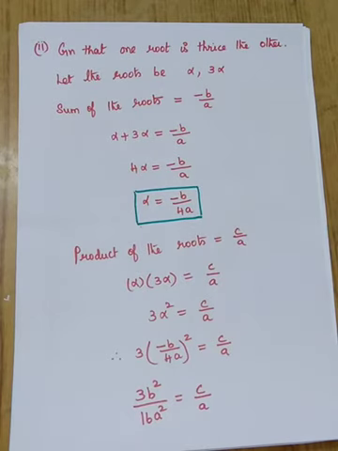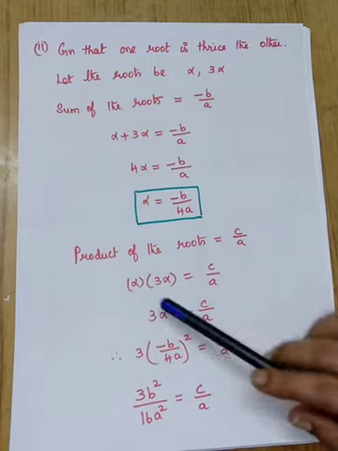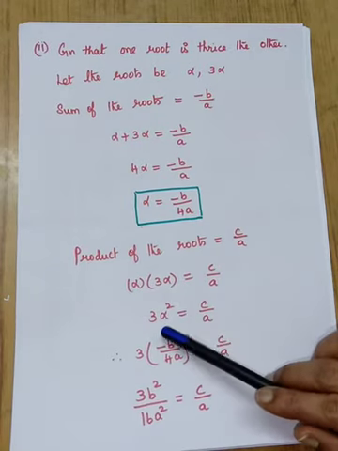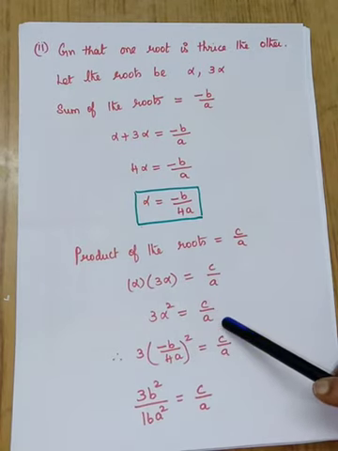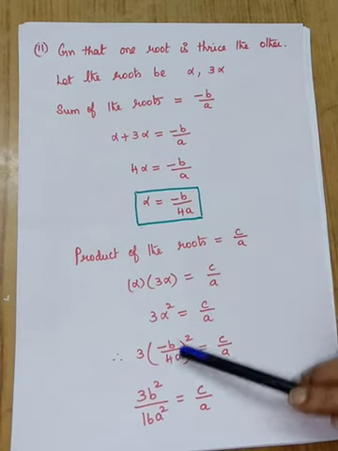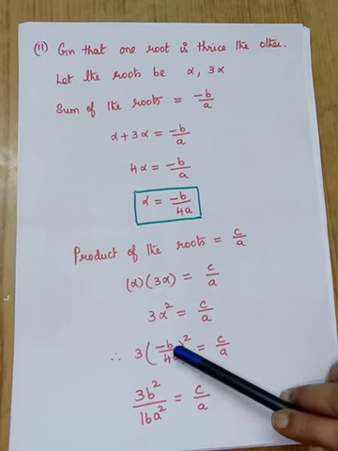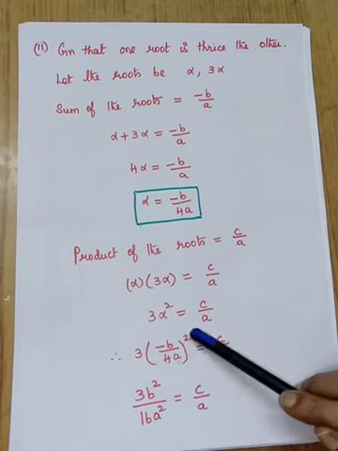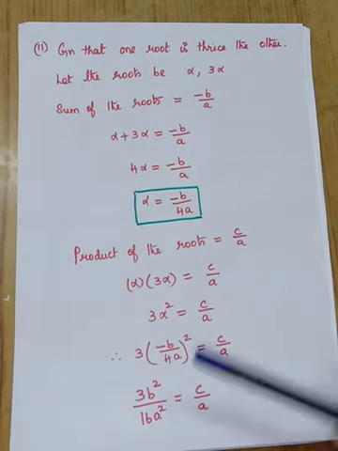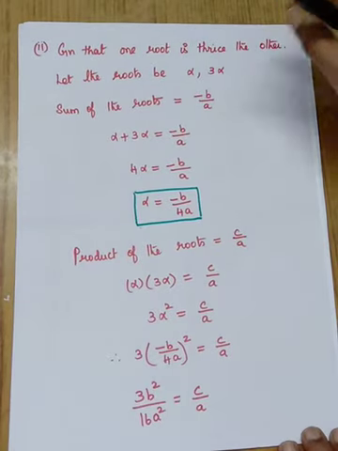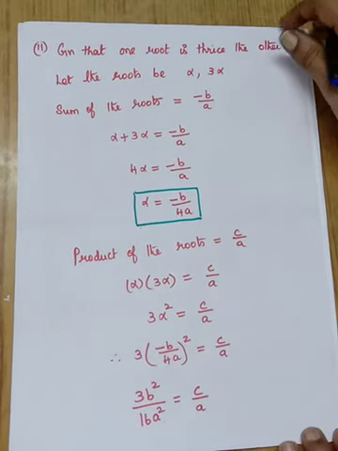Next you take the product of the roots, that is c by a. Alpha into 3 alpha is 3 alpha squared, equal to c by a. So this alpha value has to be substituted here. So minus b by 4a the whole square. So when you square, 3 into b squared by 16a squared is equal to c by a. So this a and here 1a getting cancelled.